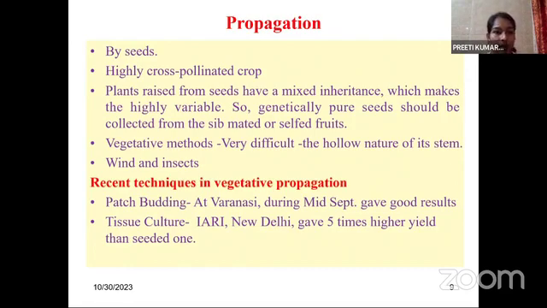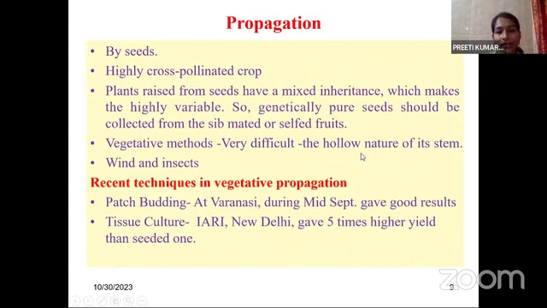As we saw in the previous slide, it is a highly cross-pollinated crop, and plants raised from seeds have a mixed inheritance which makes them highly variable, so genetically pure seeds should be collected from sib-mated or selfed fruits.